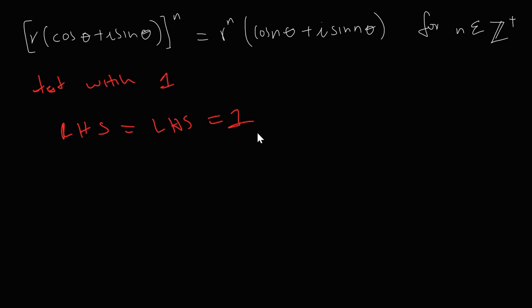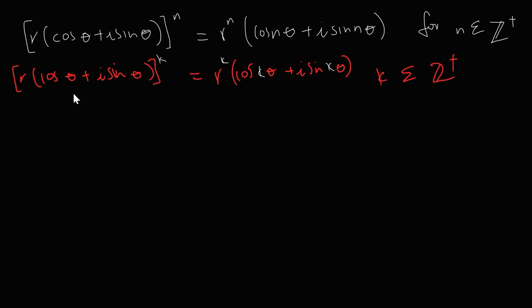So 1 is there, and we're just going to take k, which is also an element of the positive integers, and assume it is true for k. So let's test for k again. If we substitute k, this is going to be k here, and k here, k here, k here.